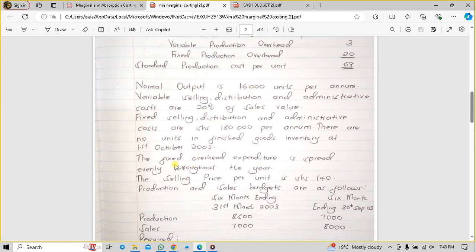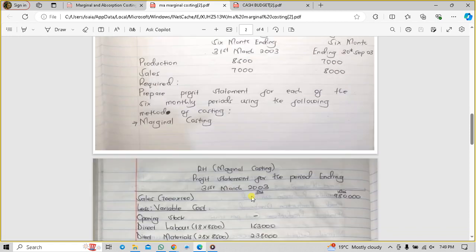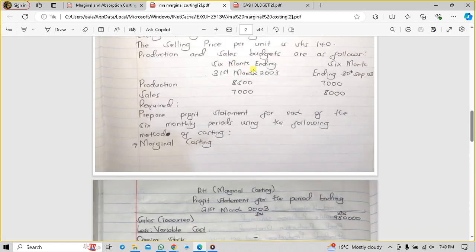And it is good that you know the fixed overhead expenditure is spread evenly throughout the year. So that means that this 16,000 is for the whole year, but we want the fixed overheads for the first 6 months, the 6 months ending 31st March.